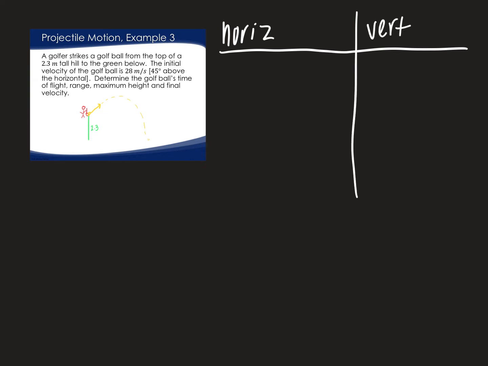we need to find our velocity components. Remember, to find horizontal, we use cosine. So that one's going to be 28 cosine 45, and then vertical will be 28 sine 45.